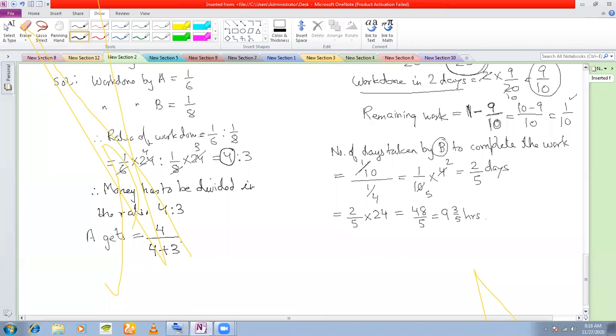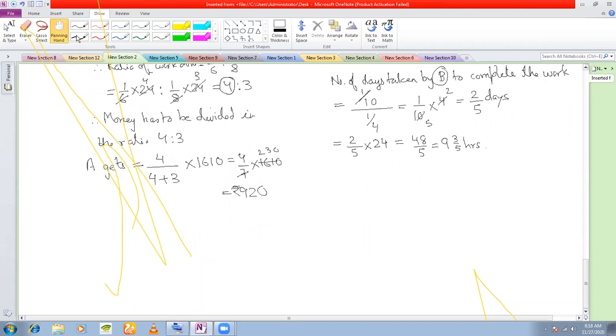So this is 4 by 7 into 1610. This comes to 230 into 4. A gets 920 rupees.